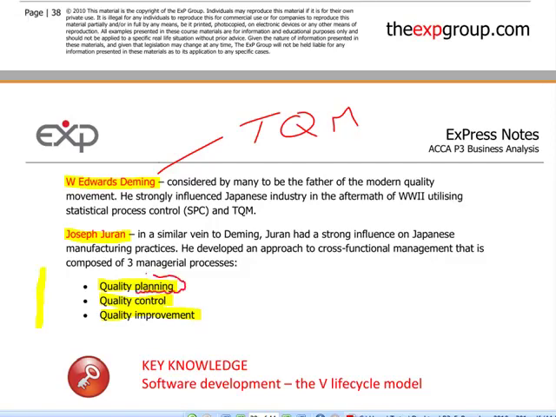Quality would be ensured by having a sufficient planning process in place. You then have to make sure that as we're going along we do have the control element, and finally at all times we should be focusing on what we can do to improve. So Joseph Juran: quality planning, quality control, quality improvement.